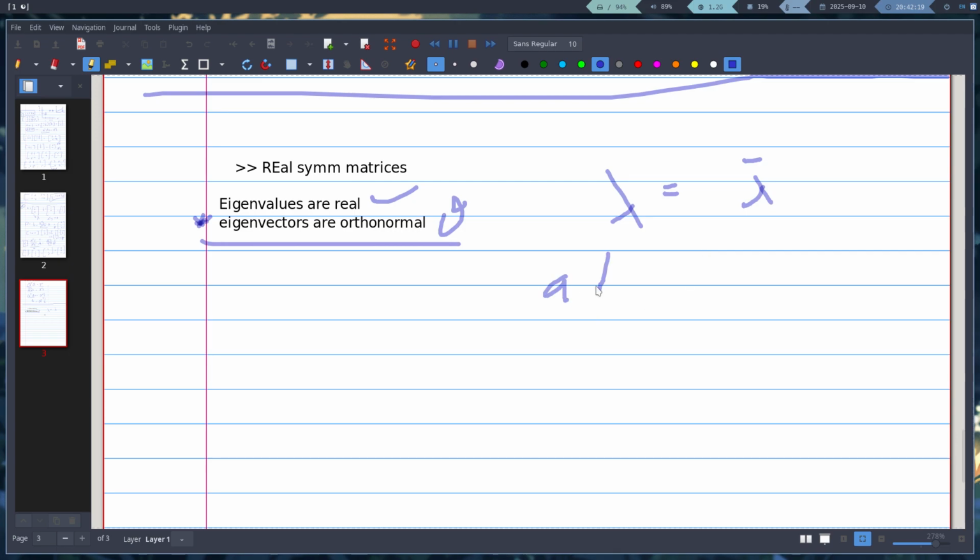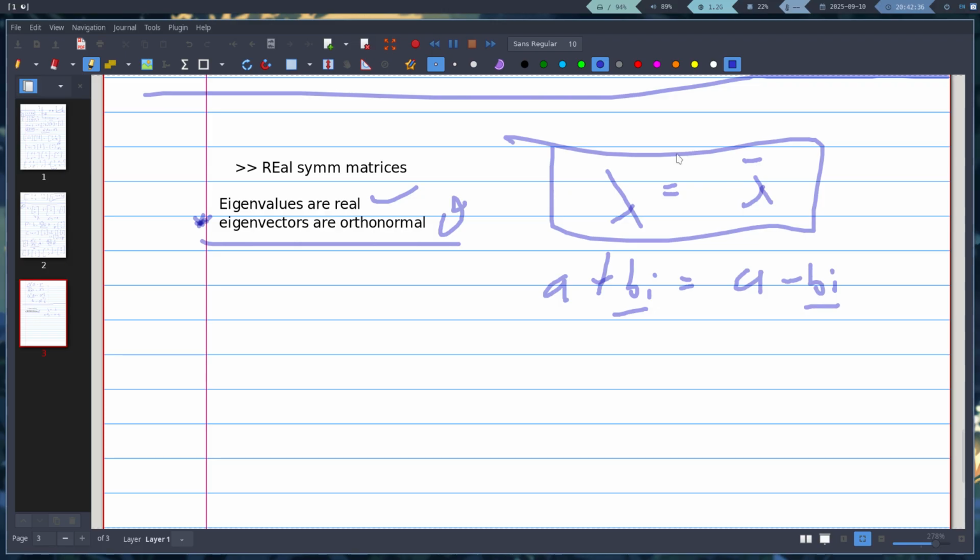Because if you had a plus bi, and it's equal to its own conjugate a minus bi, then you can only assume that the imaginary part is non-existent for this to hold. Because if the imaginary part was something else, this would be a false statement. So lambda equals lambda bar shows that the eigenvalues are in fact real for real symmetric matrices.